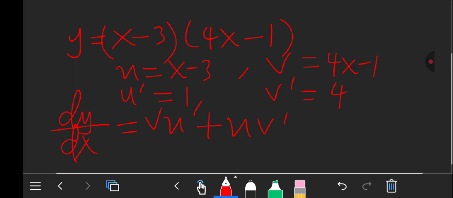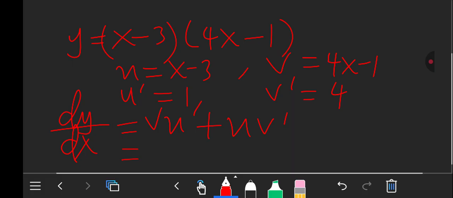This is the formula you can apply in order to solve using the product rule. So let me just get rid of the top part. I think there is enough space, I can even write it below here.